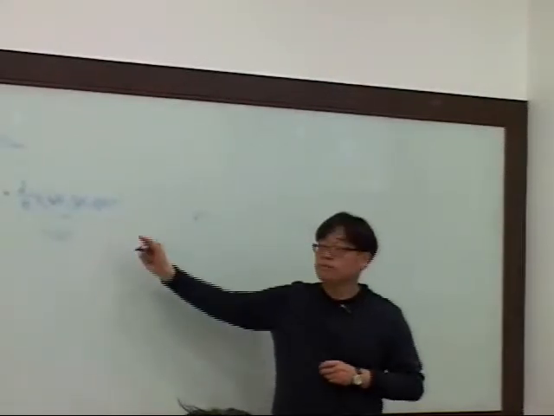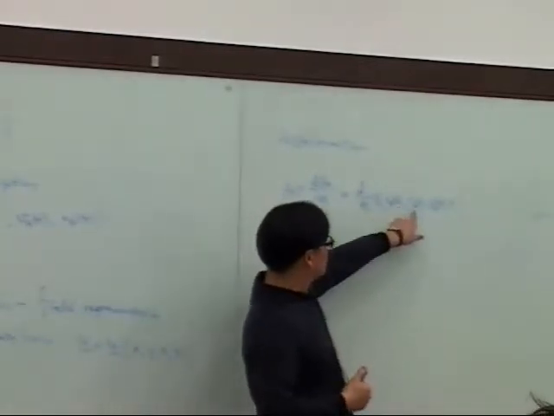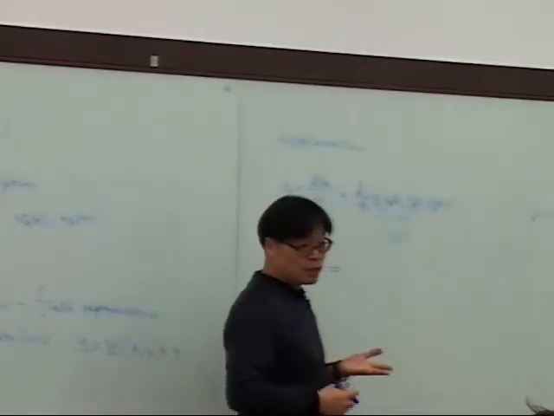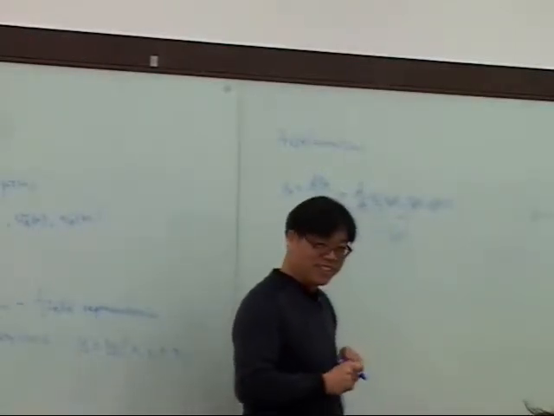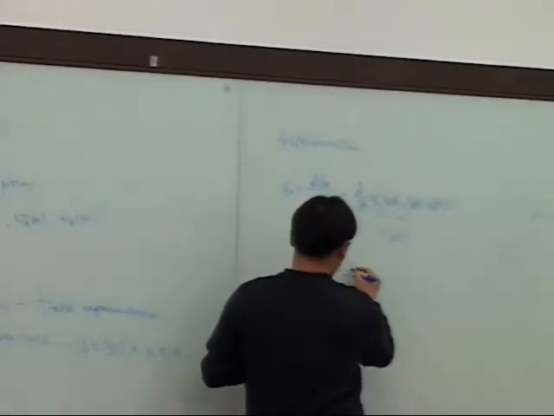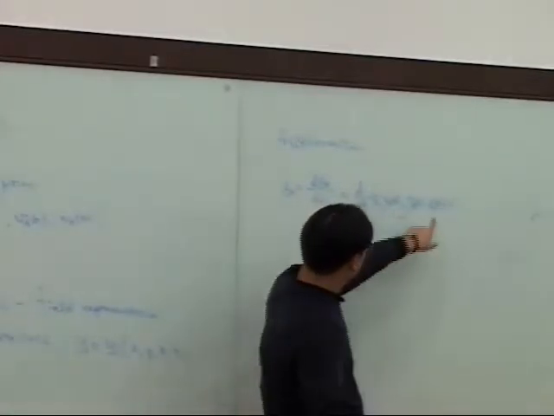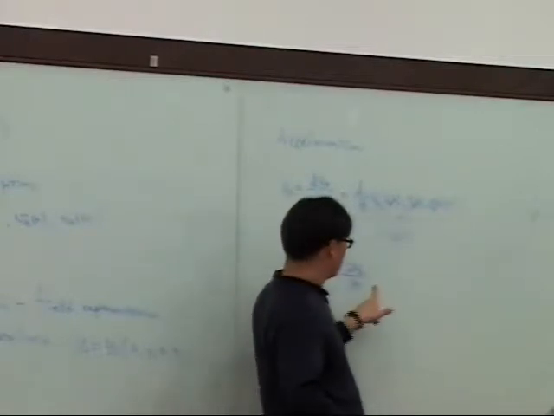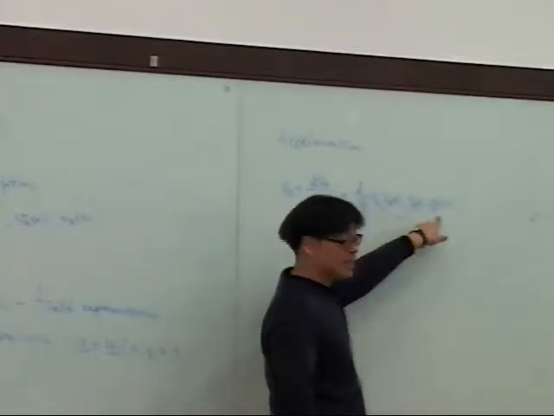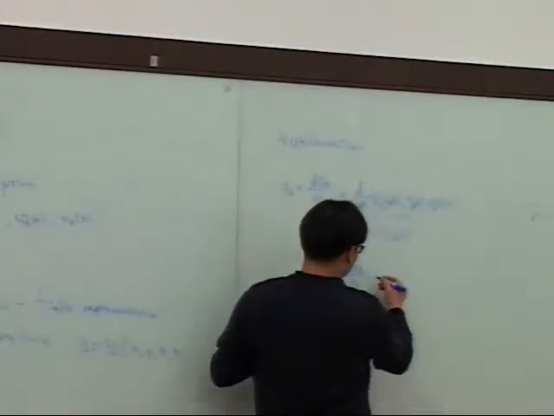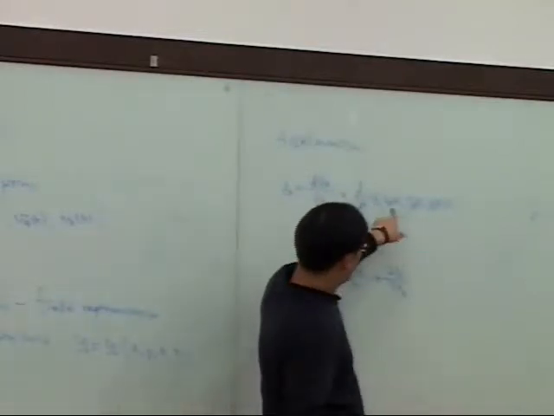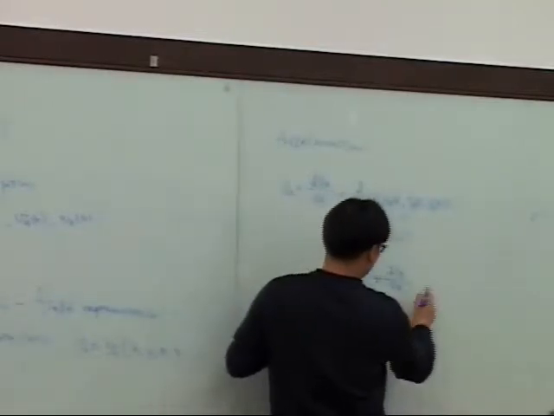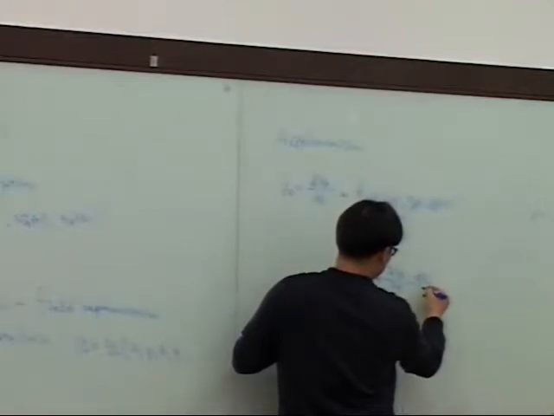And then, since time dependence appears here and here, I have to use a chain rule. I hope you know what the chain rule is. So I'm taking time derivative of this guy, meaning that I fix x, y, z. That's what it is. And then I have this, and then dxA/dt.